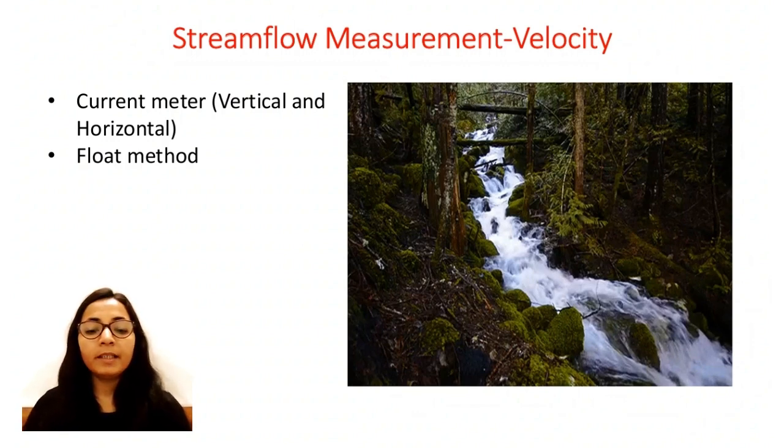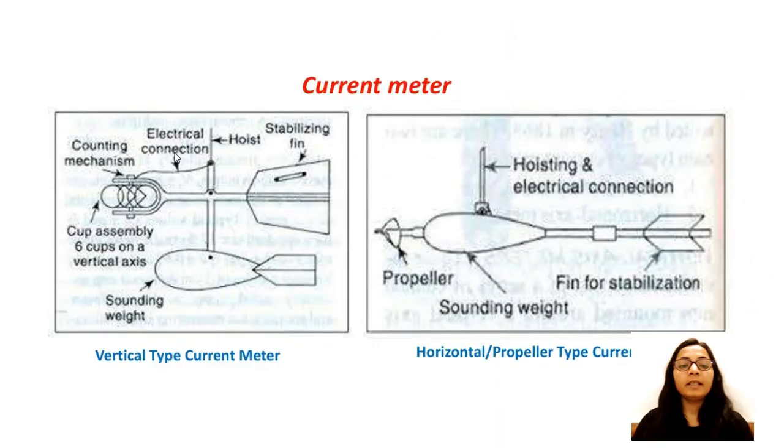This one is the vertical type current meter and this one is the horizontal type, also known as the propeller type current meter. These current meters are most commonly used in stream flow measurement and in hydrometry. A current meter consists of a rotating element which revolves due to the stream velocity, with an angular velocity that is proportional to the stream velocity.